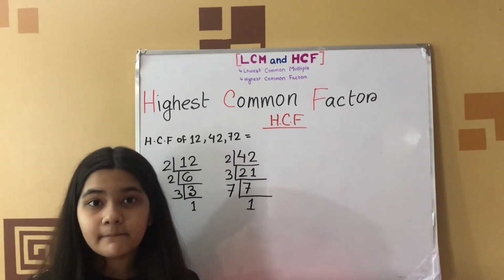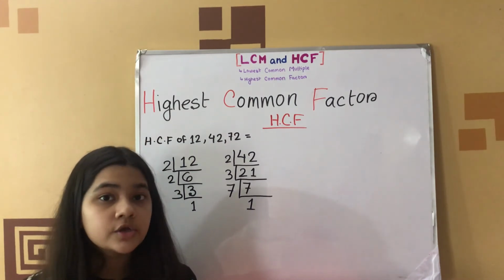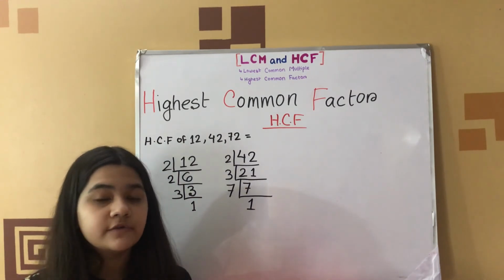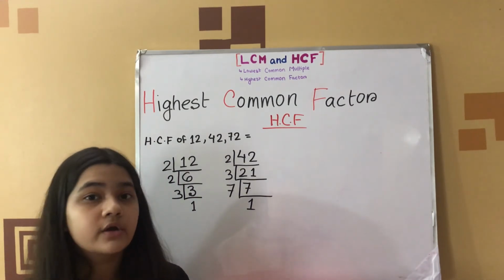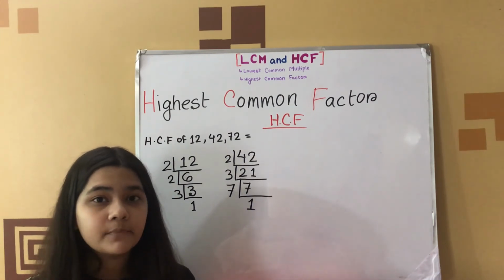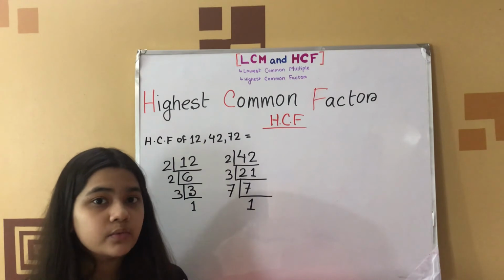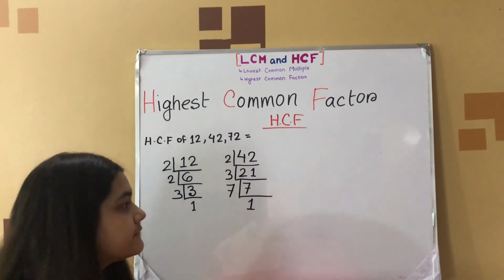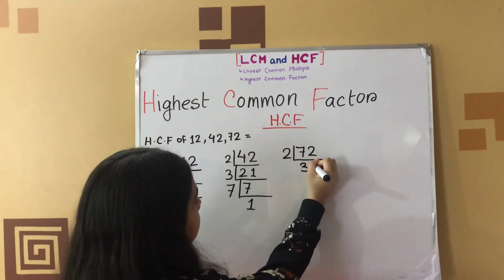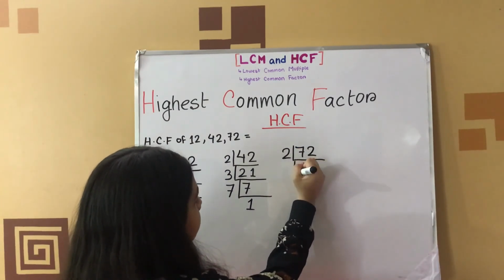Prime numbers are numbers which are divisible by 1 and the number itself. So we have to find the prime numbers in order to find the HCF. We are going to find all the prime numbers, take the numbers which are common, and then we can find their HCF.